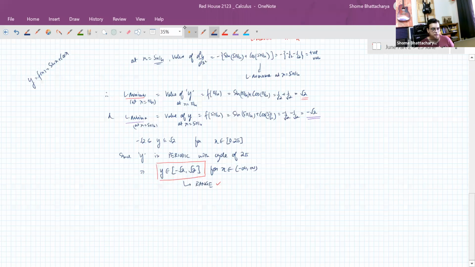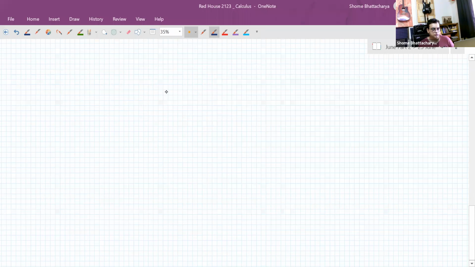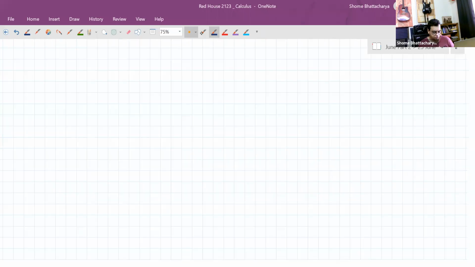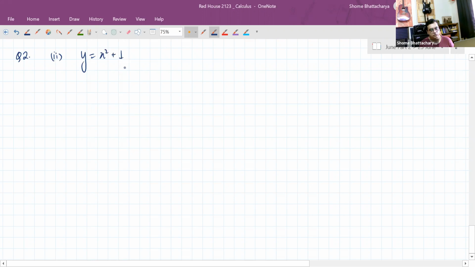Okay. Next, we'll move on to question 2, which is about local maxima and minima. We'll start with the second part of question 2. Now, this function has something peculiar in it, so we'll discuss.